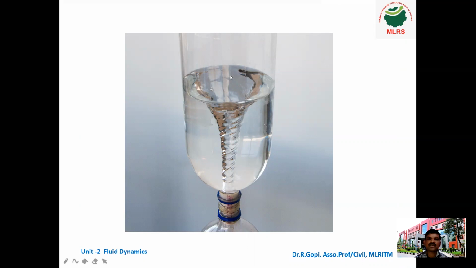The water moves in a circular motion under some angular velocity, and automatically the water goes to the bottom container in a circular motion. That circular motion is called free vortex. Okay students, now we will move to some videos to better understand free vortex and forced vortex.